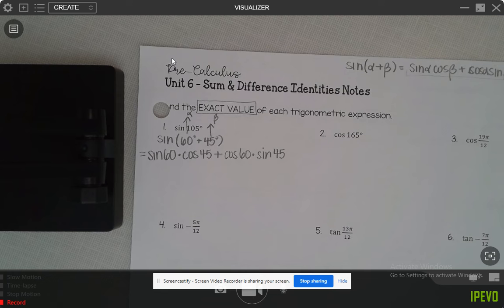Write it really quickly. Your goal is to have it 100% memorized. I will say probably by the end of the week, you're going to have it memorized. You don't have to write it down anymore.